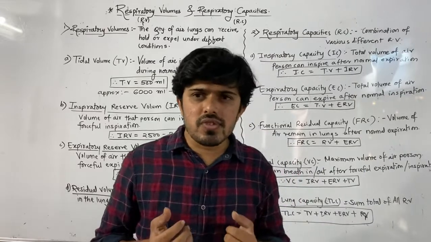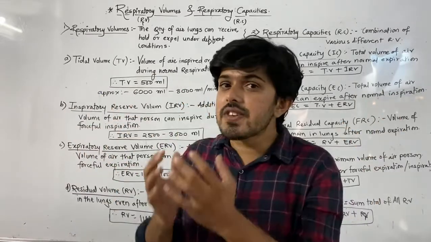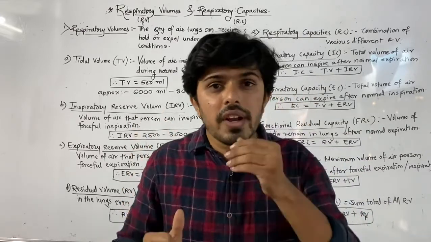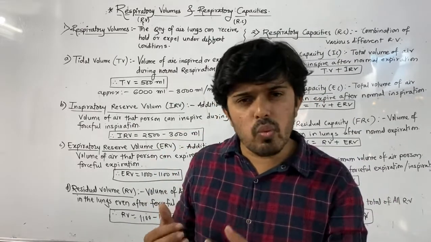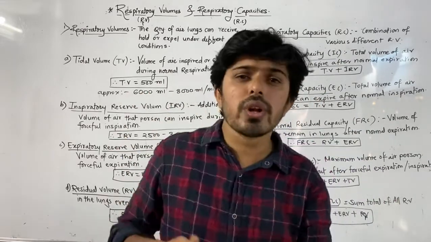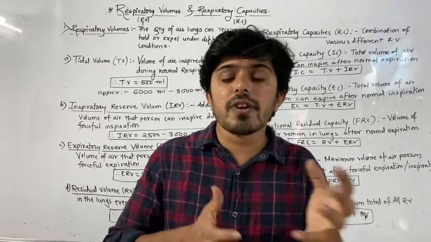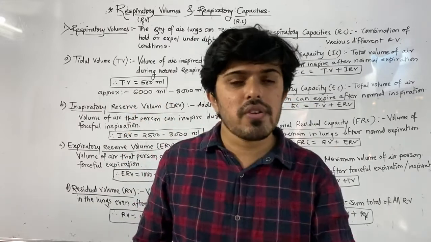All these three terms: the lung receives, stores, expels. Whatever amount of air comes in, stays in, or goes out, that amount of air in these three different steps is called respiratory volumes.